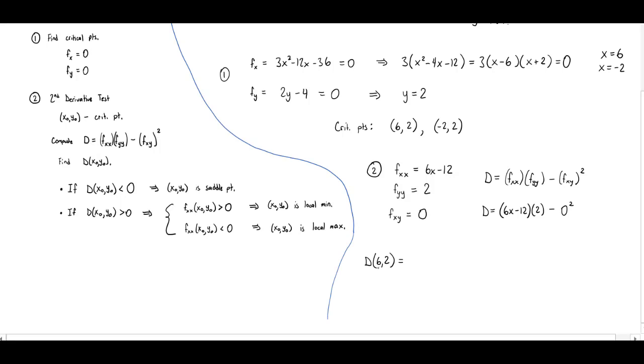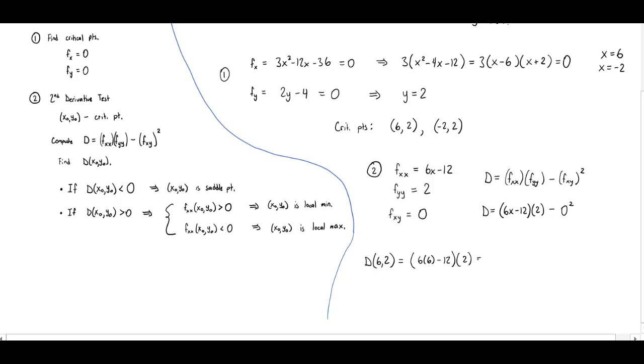Okay, so plug in 6 for x. So we're going to get 6 times 6 minus 12 times 2. There's no y's in here, but if there were any y's, then I would have plugged in 2 for each y. Okay?